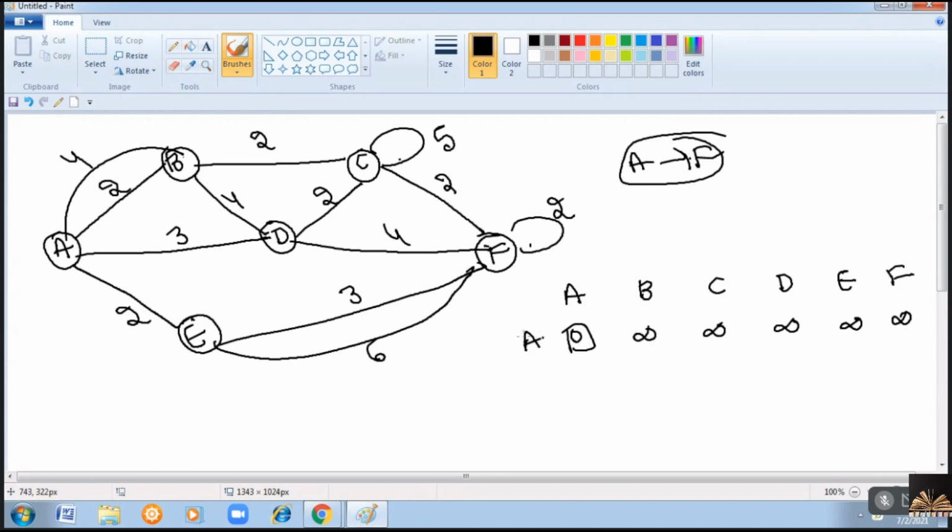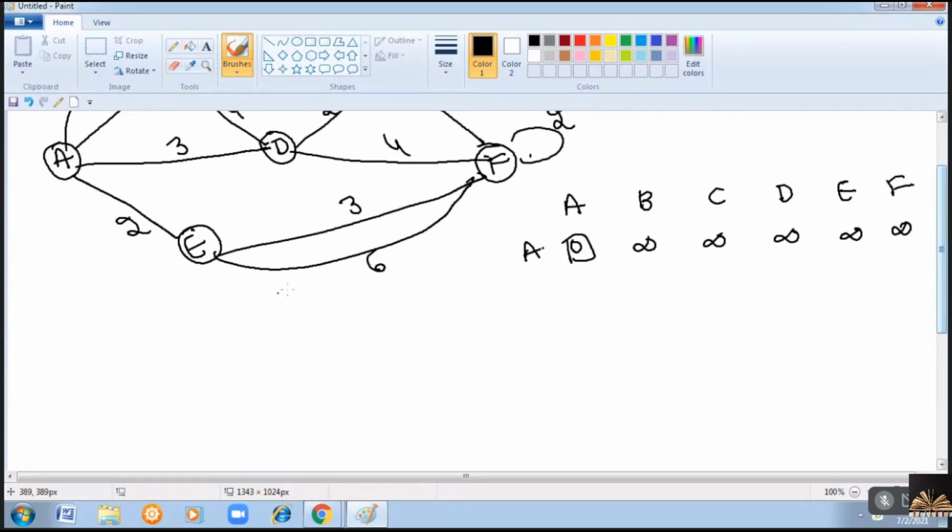Now from A, B and E are connected directly. So in the next row, copy the marked values.